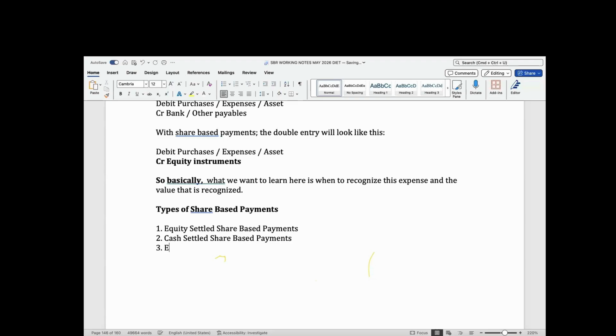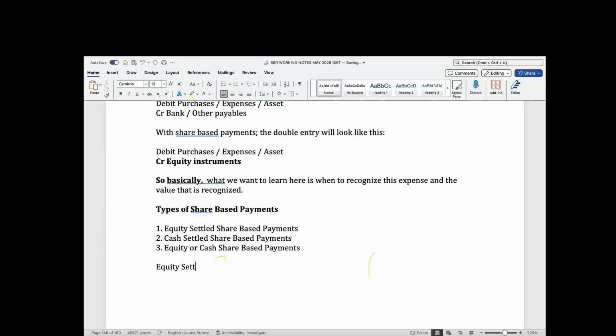Number three is equity or cash settled share-based payments. So these are the three that we have: equity settled, cash settled, and equity or cash.